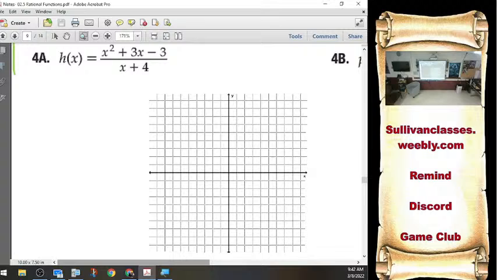Go! 4A, get it. You should be doing 4A now.